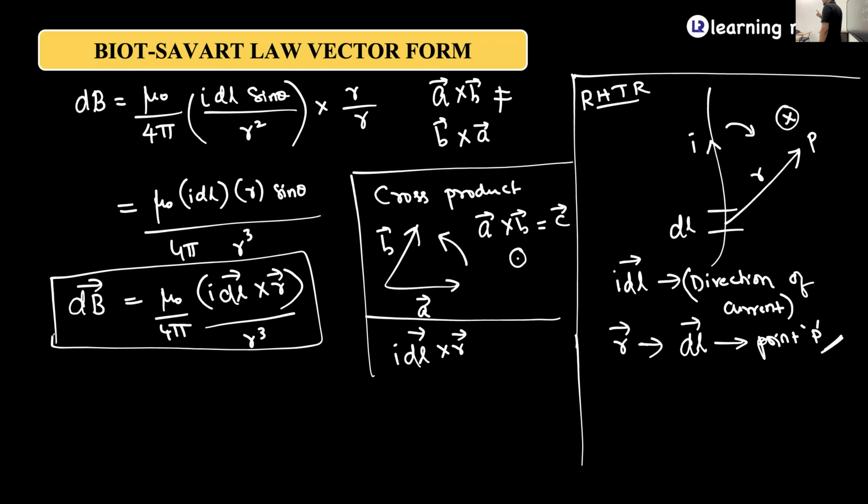Idl cross r divided by r cube. You need to be clear about this, because all the options will look similar and they will confuse you. First, remember Idl is first, r is second. Second, the denominator is not r square, it is r cube, in vector form. So make a note of this.